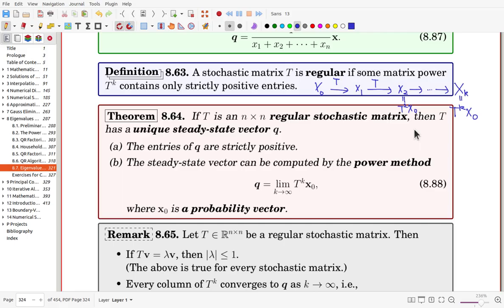So in the early several steps, even though the power of T is not strictly positive, we ignore these several steps, and then later on, from a certain moment, the entries are strictly positive, then we use that. So a regular stochastic matrix is defined along with T^k, right? Okay.